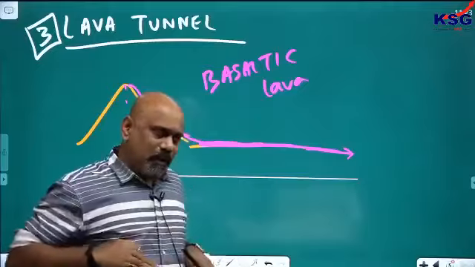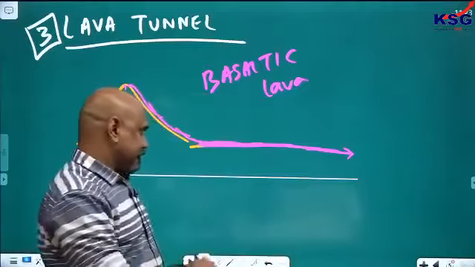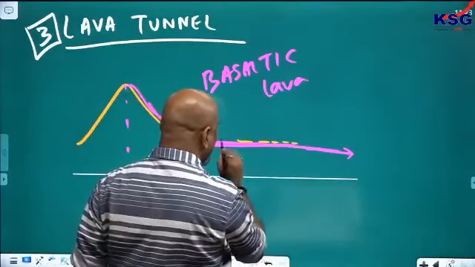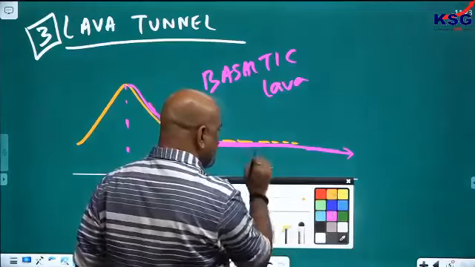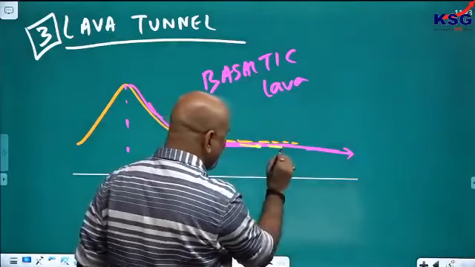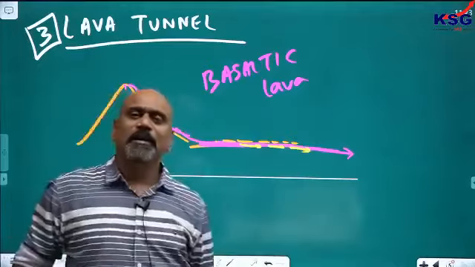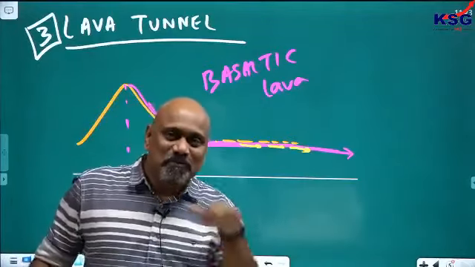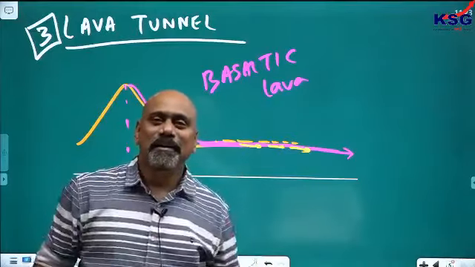The lava flows quickly, the upper part will get solidified fast, but inside, the flow of lava is still there, underneath. Gradually it gets solidified, it takes time. This temporary feature is called a lava tunnel. The upper part solidifies quickly, while the lava keeps flowing inside.